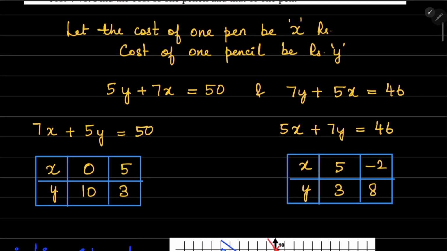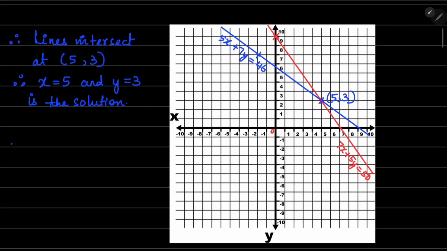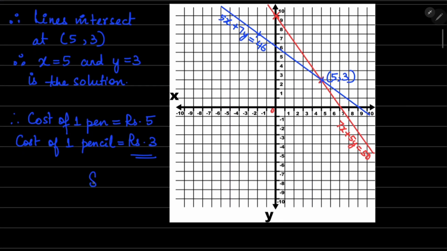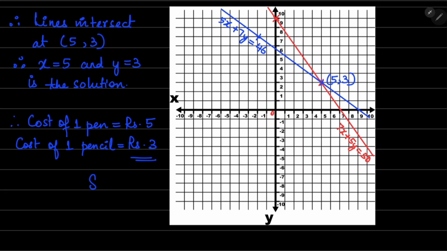X is the cost of 1 pen. You can write, therefore, the cost of 1 pen is equal to rupees 5 and the cost of 1 pencil is nothing but rupees 3, which is rupees y. Y is equal to 3. So that's your final answer.